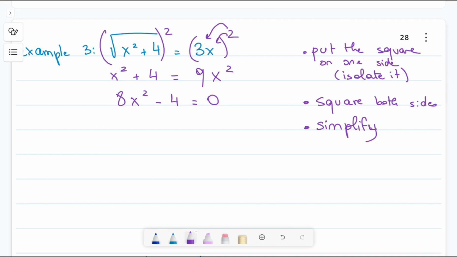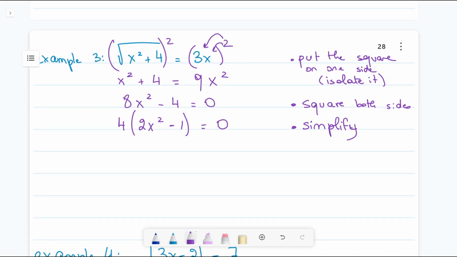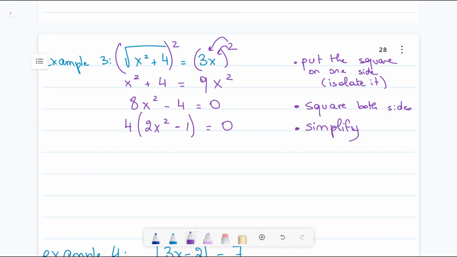Now, let's continue with the simplification. We have a common factor, which is the 4. So if we factor out the 4, we get 2x squared minus 1 is 0. Now, this is multiplication.